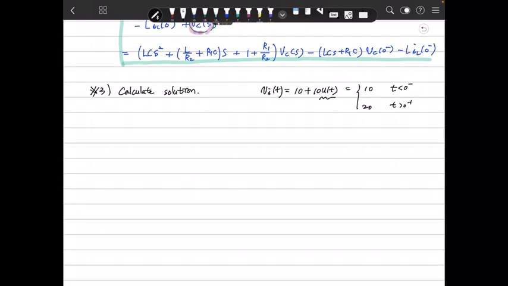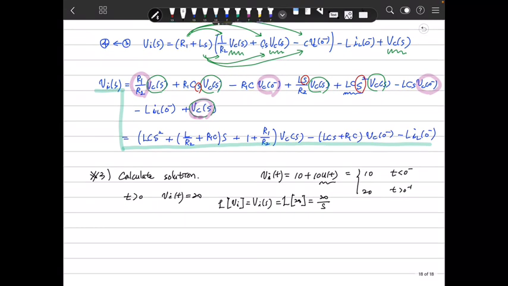Therefore, the Laplace transform is constant, only for time larger than 0 plus. So here VIT was 20. Therefore, the Laplace transform of the source VI is VIS, 20 over s.